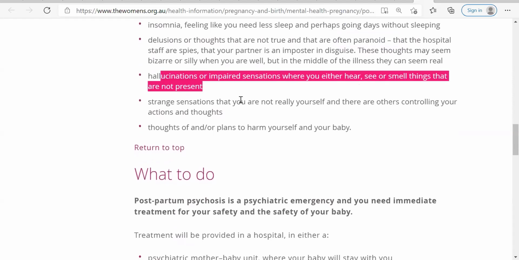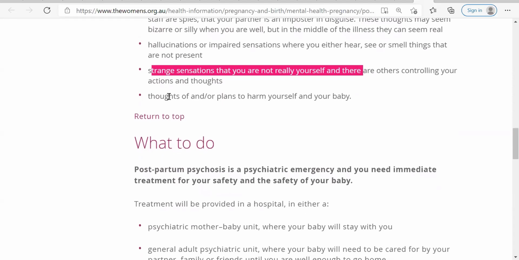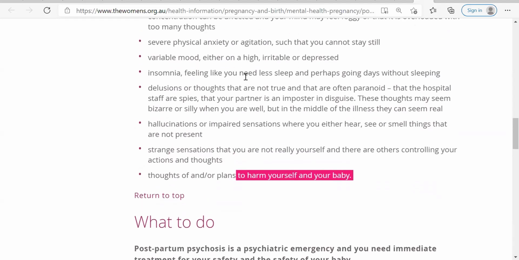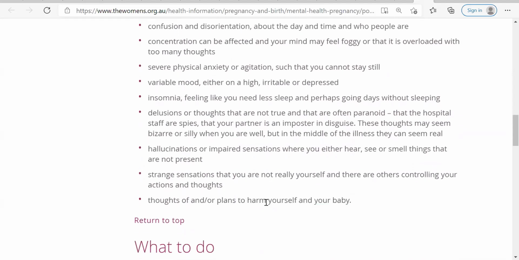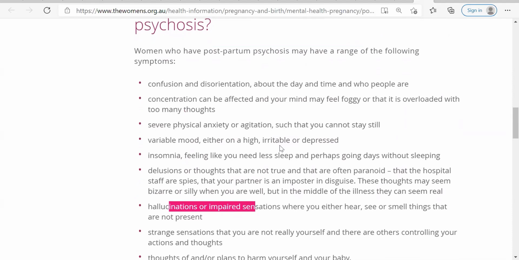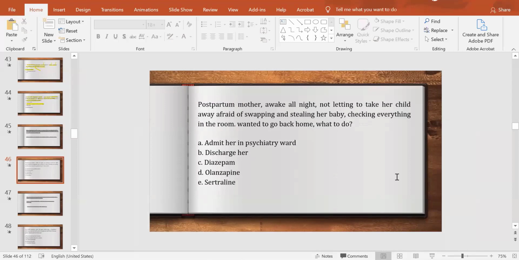You can have hallucination, impaired sensation, strange sensation, thoughts and or plans to harm yourself or your baby. So anything can happen. It doesn't mean that these thoughts of harm should be there, or hallucination should be there. Any of these things can lead to psychosis. We should consider psychosis first because this is an emergency situation and it has a range of presentation. Yeah, it's a paranoid delusion that she is having at the moment.